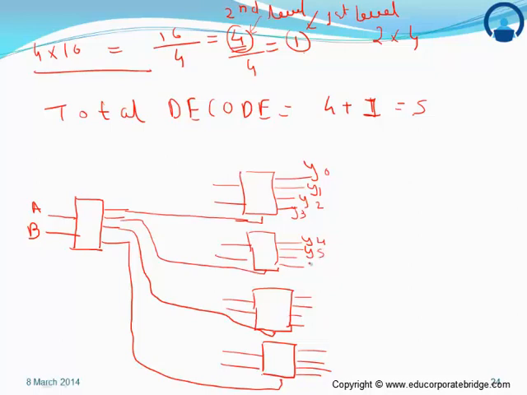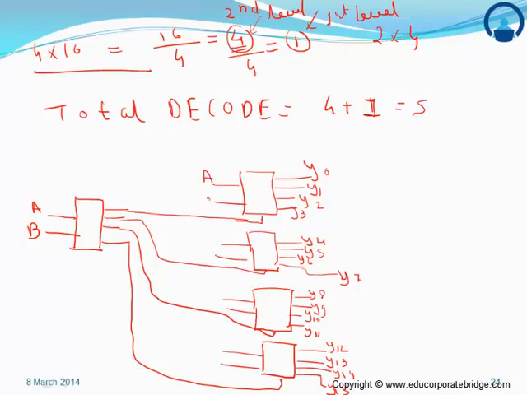So let's rename the outputs Y0, Y1, Y2, Y3, Y4, Y5, Y6, Y7, Y8, Y9, Y10, Y11, Y12, Y13, Y14, and Y15.